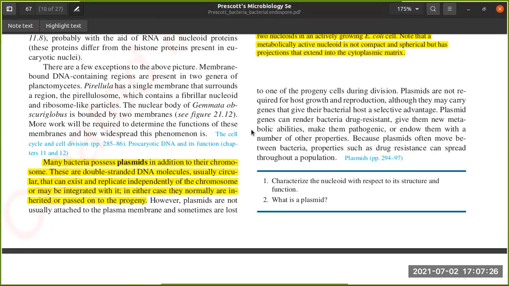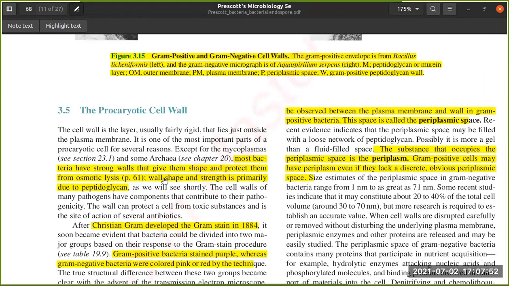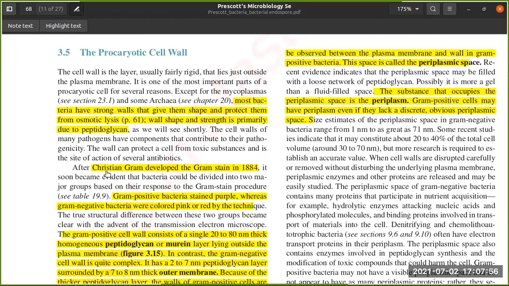Okay. So there is circular DNA which is present apart from the main bacterial chromosome or the nucleoid region. Now we go to a very important part of distinguishing bacteria or prokaryotes, that is whether they are gram positive or gram negative. Gram is a type of staining which was found out by Christian Gram.